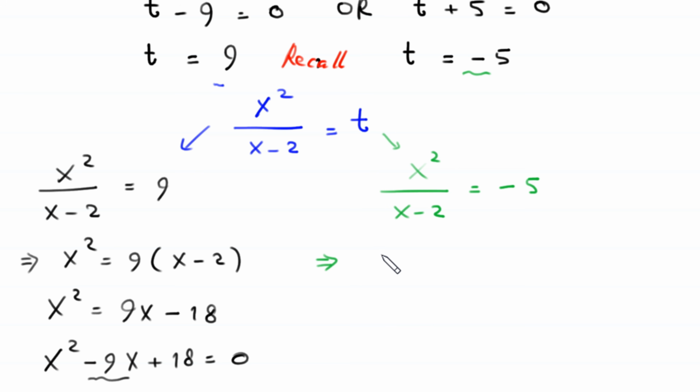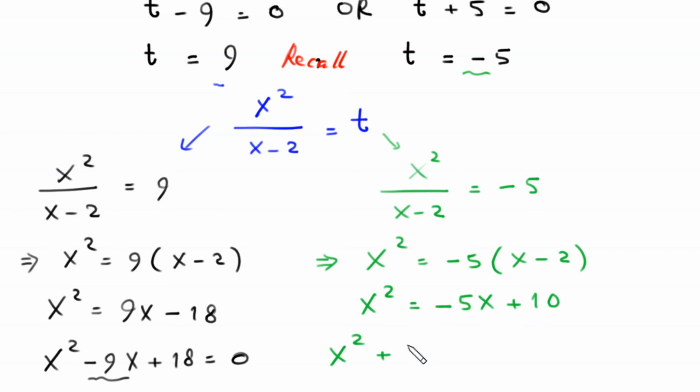This implies that x squared is equal to negative 5 times (x minus 2). Further simplify, this will become x squared equal to negative 5 times x, negative 5x, negative 5 times negative 2 is plus 10. Move these two terms to the left hand side. This will become x squared plus 5 times x minus 10 equal to 0.